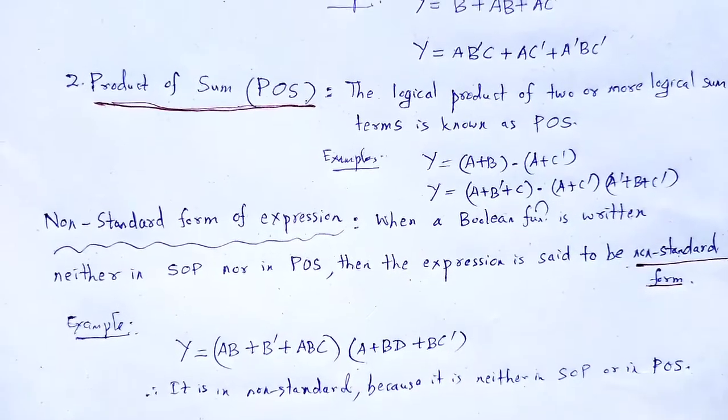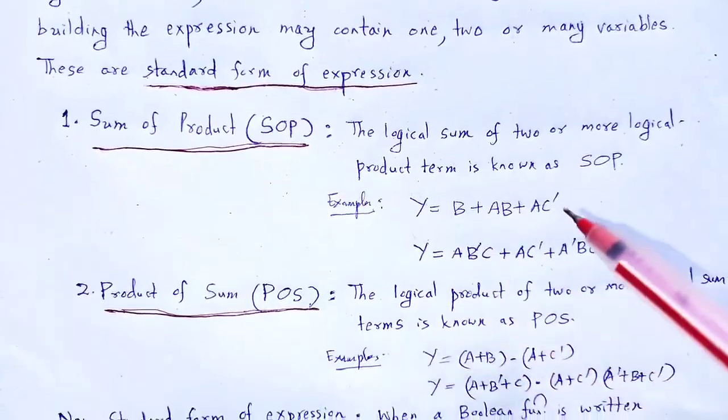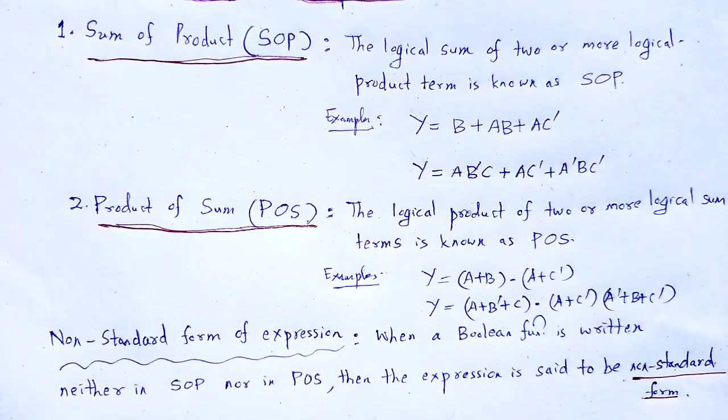The fundamental product types are sum of product and product of sum.